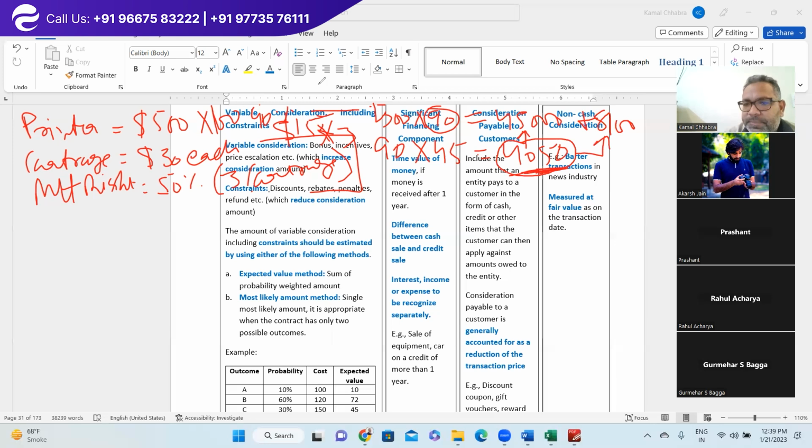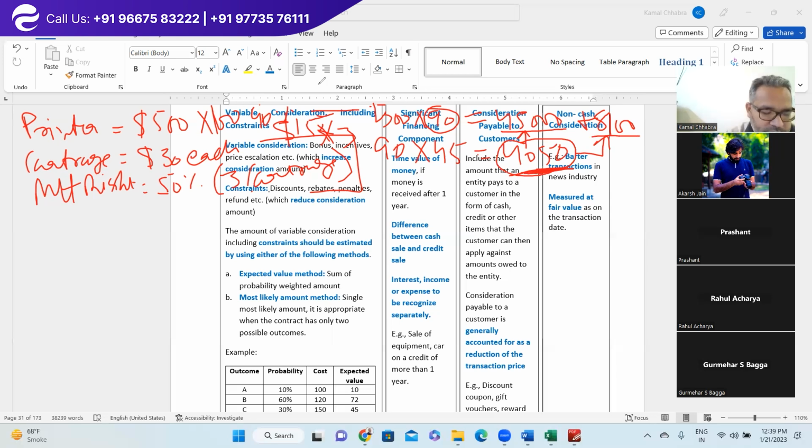Make sense? We are at step 3. We are identifying the transaction price. So transaction price is 45,000 is the sales value, 8100 is the sales value of the cartridge, and the discount of 4050. So total money you will be receiving from the customer is how much?